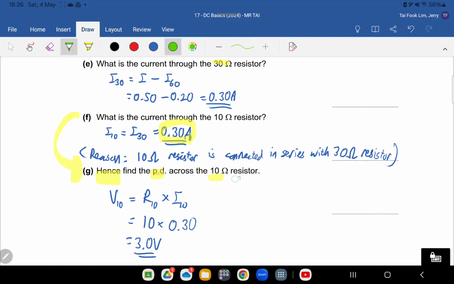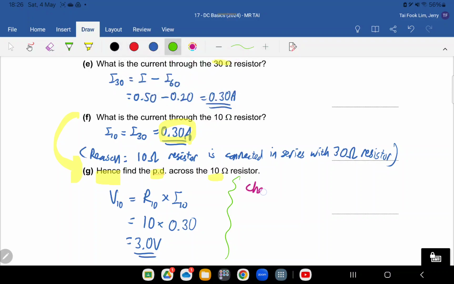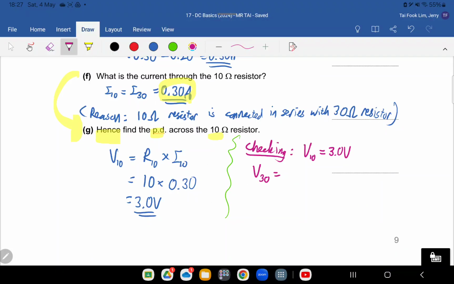Let's do a very important thing, our checking. Now we know that the voltage across the 10 ohm resistor is 3.0 volts. Let's take a look at the voltage across the 30 ohm resistor, which is R30 times I30.